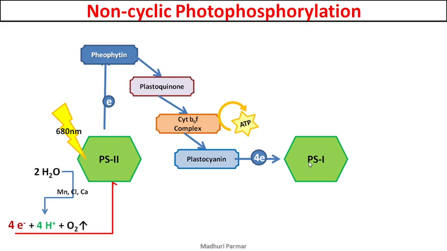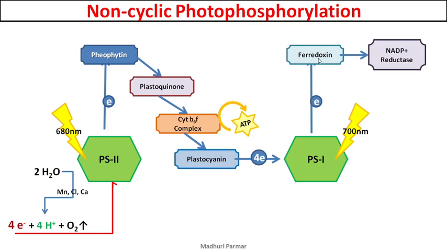Now the reaction center chlorophyll of photosystem 1 will get excited when the light of 700 nanometer falls on it. As it gets excited, it can donate electrons, so it will donate its electron to ferredoxin.